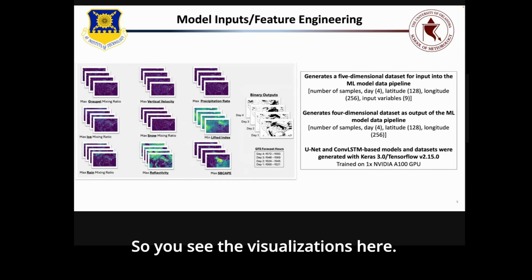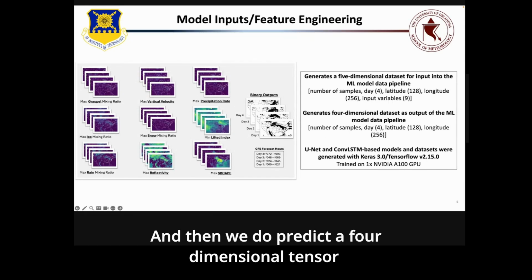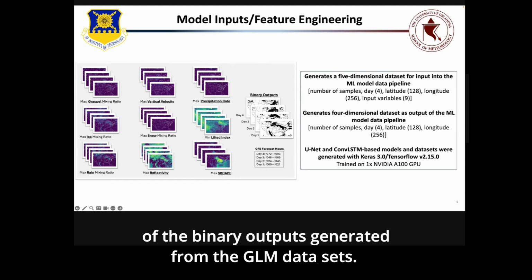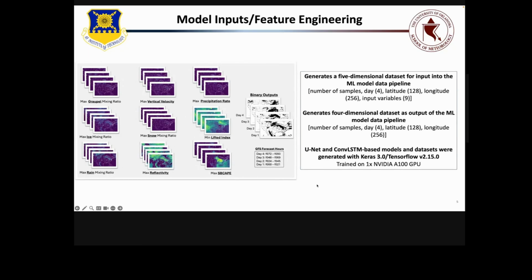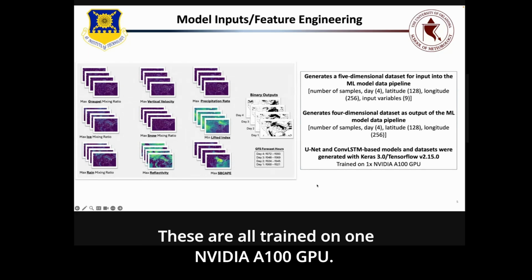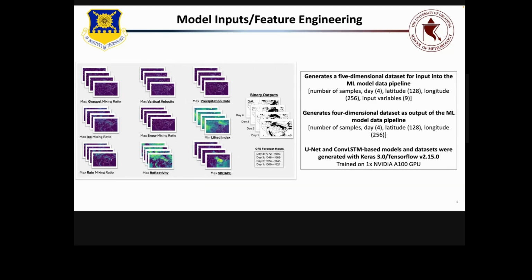You see the visualizations here, and then we predict a 4-dimensional tensor of the binary outputs generated from the GLM datasets. These are all trained on one NVIDIA A100 GPU.